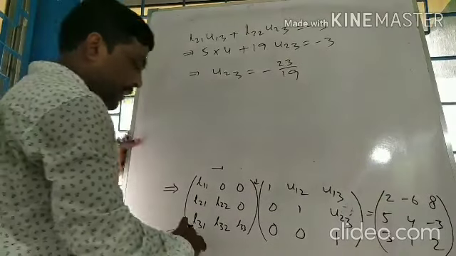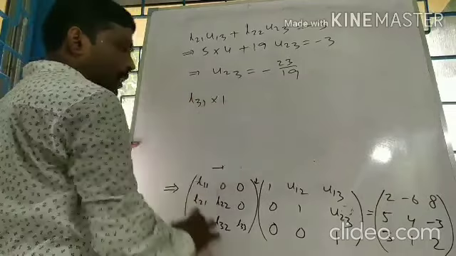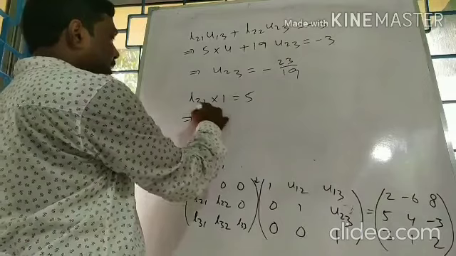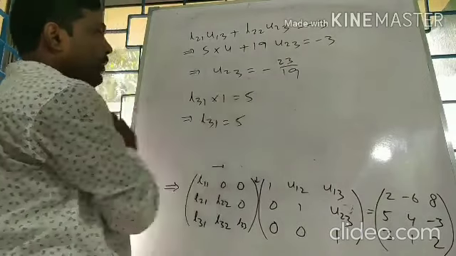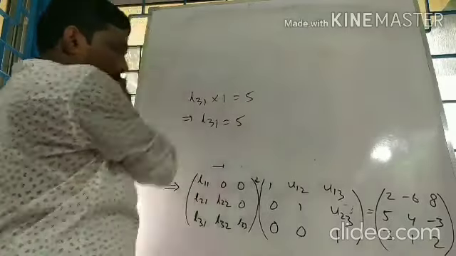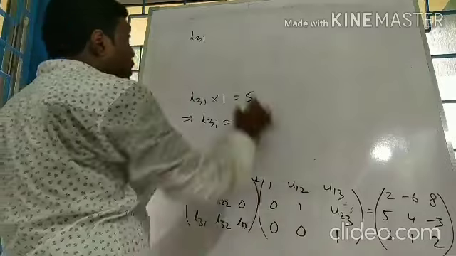Next, third row, first column. L31 into 1 equals 5, so L31 equals 5. Okay. Next, third row, second column.